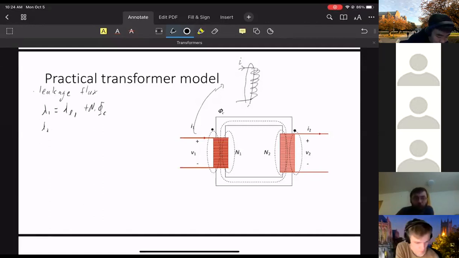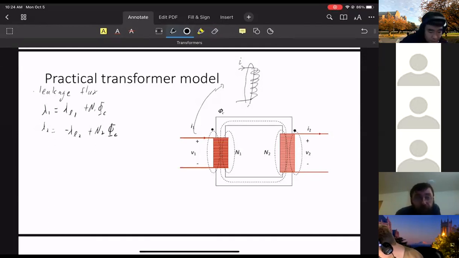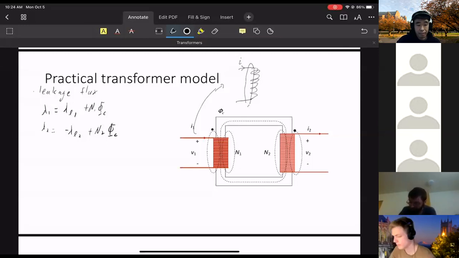So if you look at the total flux at 2, this is what I have. So what I have is, so I have this kind of leakage flux.